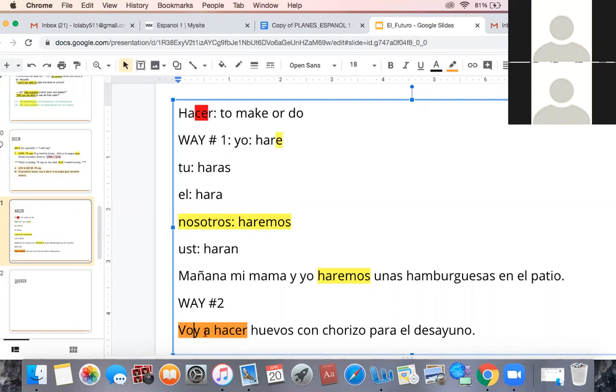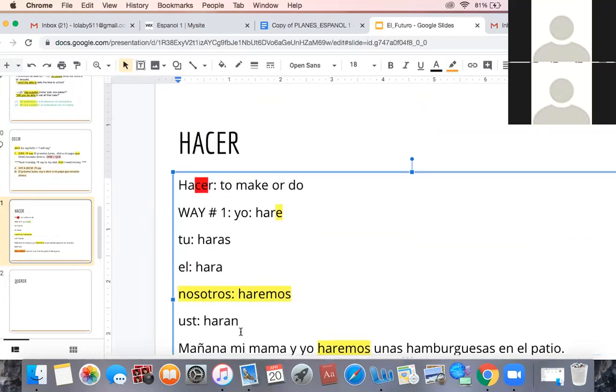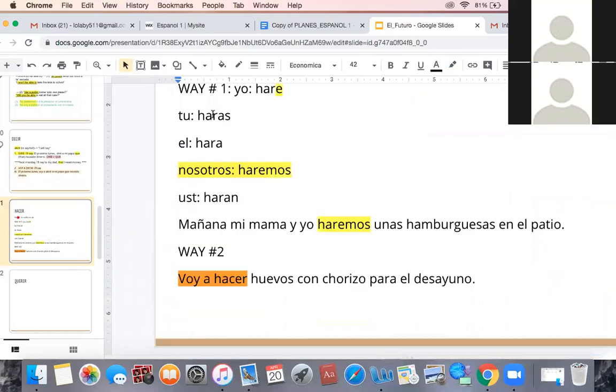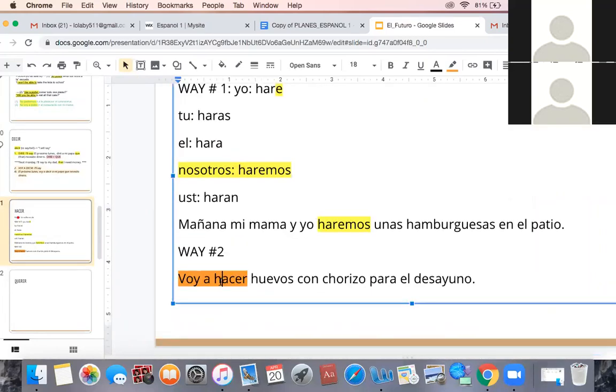When you have voy, all you need is voy a plus whatever verb you're trying to use. All you've got to do to the verb is keep it original. Here's your original verb on the bottom, and then you add any other information, okay? Are we clear on that? ¿Estamos bien? ¿Sí?